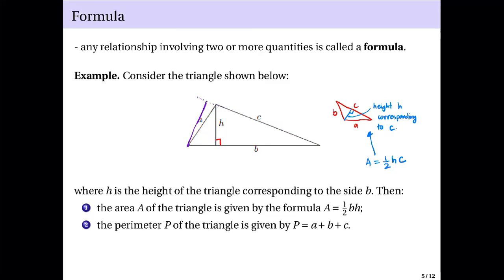So this is the height corresponding to side C. I'll put the subscript, H sub C. And the area will be equal to 1/2 H sub C times C.